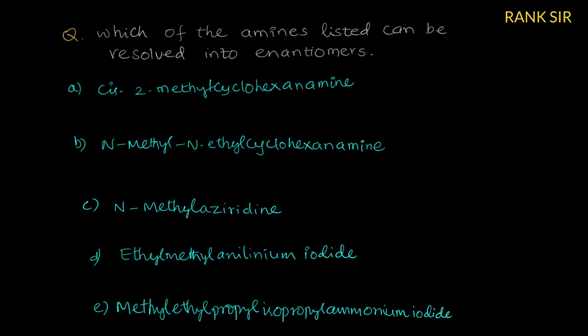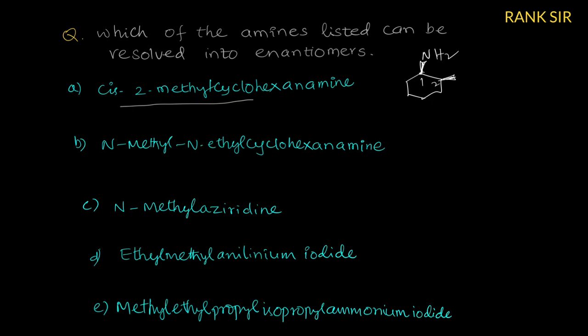Now here is the question: which of the amines listed can be resolved into enantiomers? First, you have to write the structure. What is given here says 2-methylcyclohexanamine, cyclohexane and amine. Which form is this? Cis form. For example, I am writing the front side. This is NH2, this is 1, this is 2.